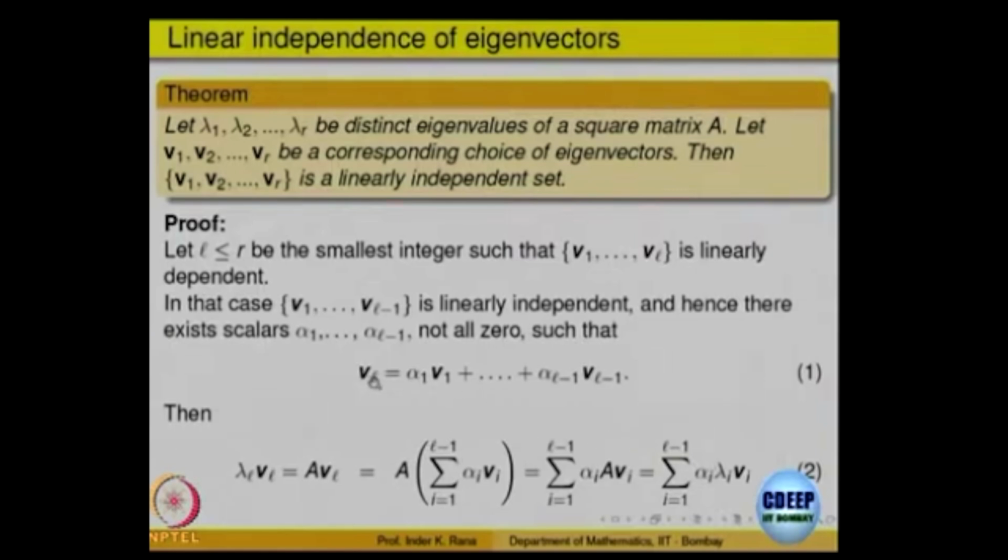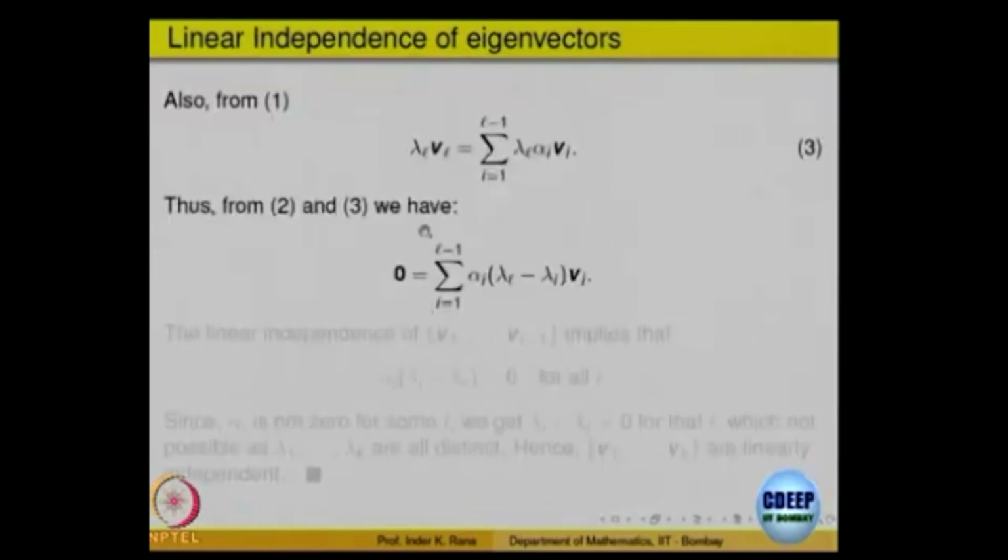From the first equation also I can multiply both sides by lambda L. What is lambda L VL? That is alpha 1 lambda L V1 plus ... plus alpha L minus 1 lambda L V L minus 1. So I multiply this equation on both sides by lambda L, and I will get another value of lambda L VL. So these two must be equal. So lambda L VL is equal to that.